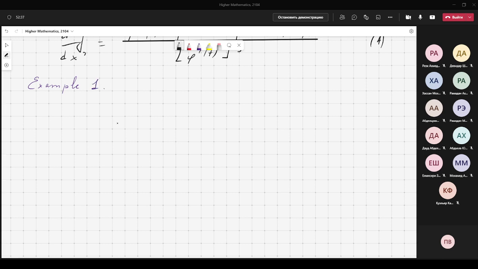Investigate the curve given by the equations x equals a times cosine cubed of t and y equals a times sine cubed of t. Example 1, part 1 prime. Solution.